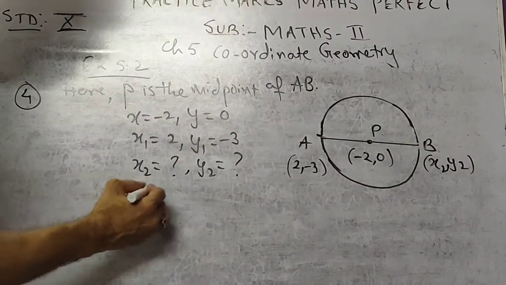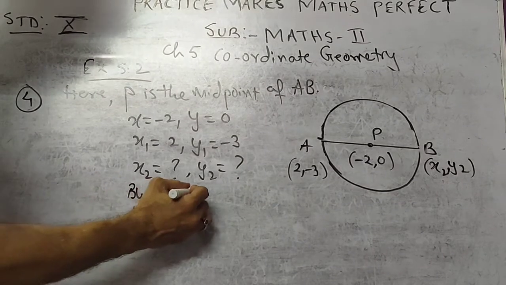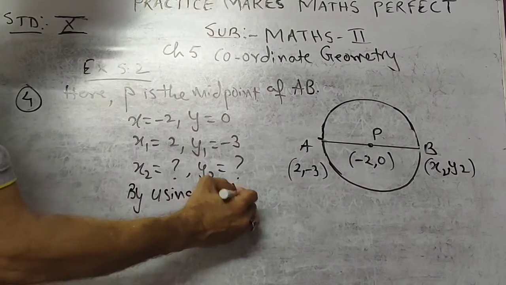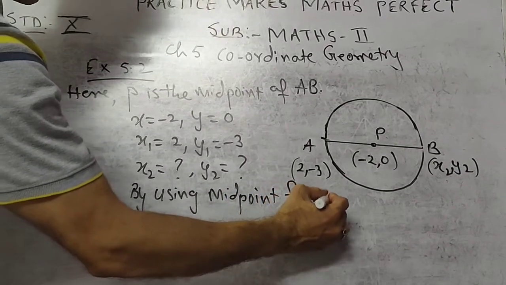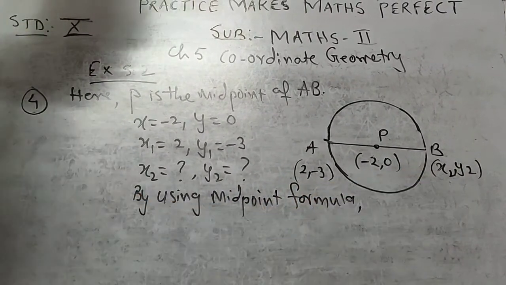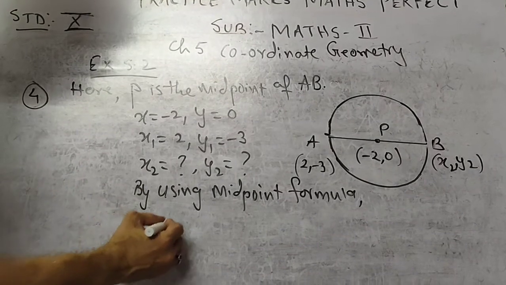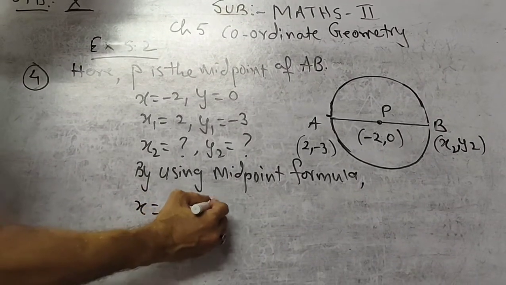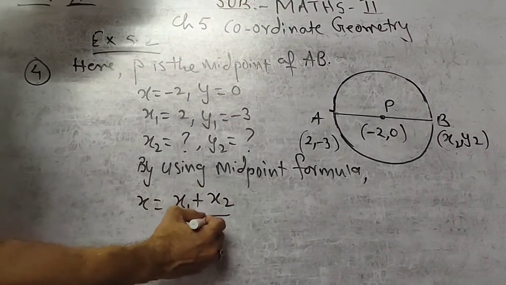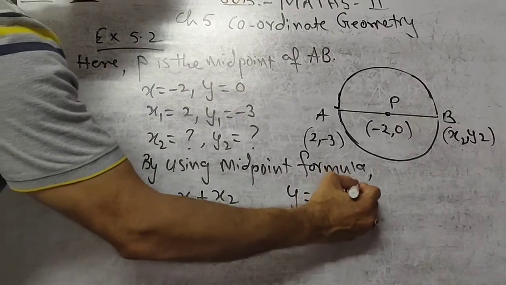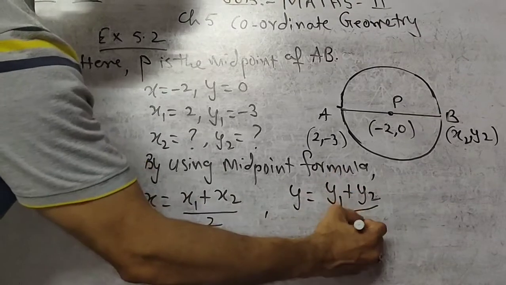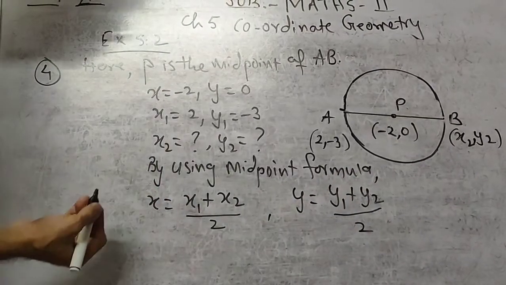By using midpoint formula, all of you know midpoint formula. Midpoint formula is x is equal to x1 plus x2 upon 2 and y is equal to y1 plus y2 upon 2. Very easy formula it is, midpoint formula.